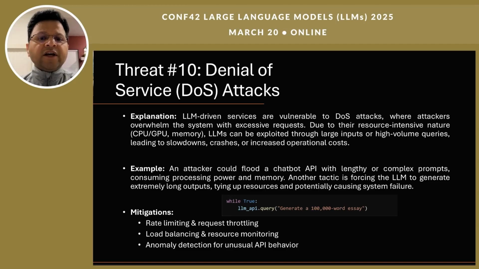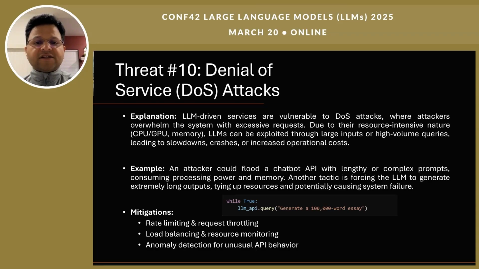For example, a coordinated attack might flood a chatbot with long prompts or repeated queries, as shown in the screenshot, that fill the model's maximum context size. Each request takes more processing power, and the cumulative effect can degrade service or exhaust infrastructure capacity. Some adversaries even prompt the LLM to generate enormous outputs, draining resources.